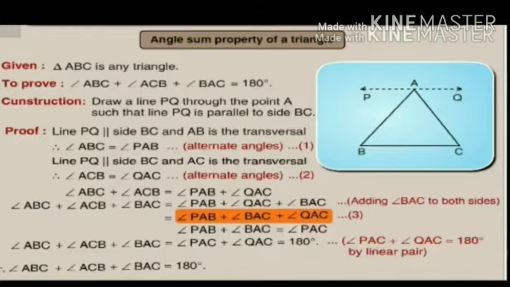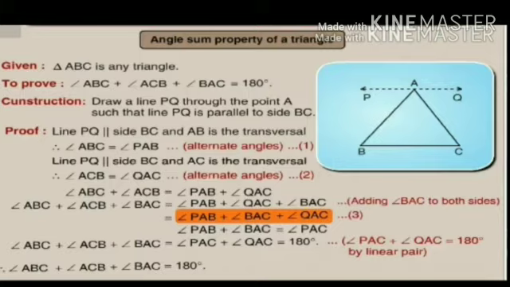Therefore, angle ACB is equal to angle QAC by alternate angles. Now take this as equation 2. Now after that, add equations 1 and 2. Then we get angle ABC plus angle ACB is equal to angle PAB plus angle QAC.